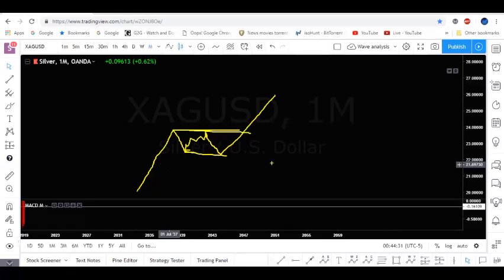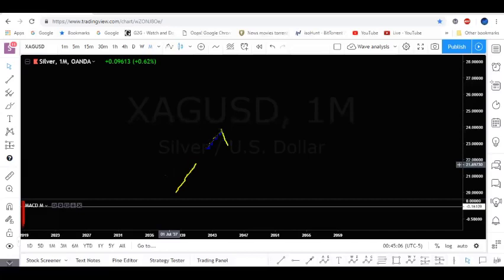Contracting flats: let's just clear that. Contracting flats is your impulse, and then you will make your correction, your messy little B wave, come back down, but this doesn't cross the top, and it doesn't cross the bottom.